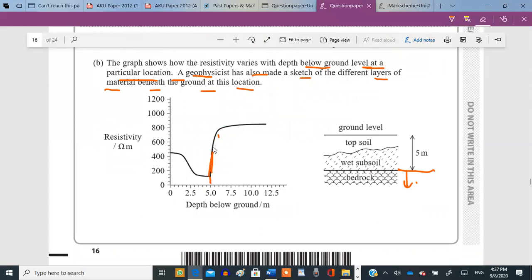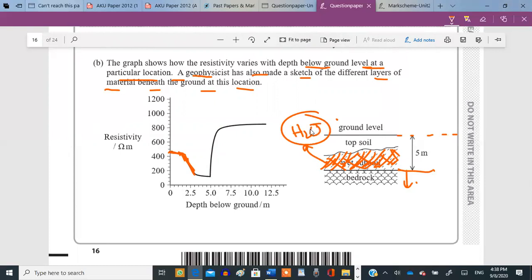So now let's see, explain how the sketch corresponds to the graph. This is your sketch, and this is the graph. First of all, the topsoil, and this is the ground level. We start out from here. As soon as we enter the topsoil, the resistivity starts falling because topsoil has a low resistivity. Then as we reach the wet subsoil, the resistivity falls even lower because it's wet. Water is a good conductor, right?